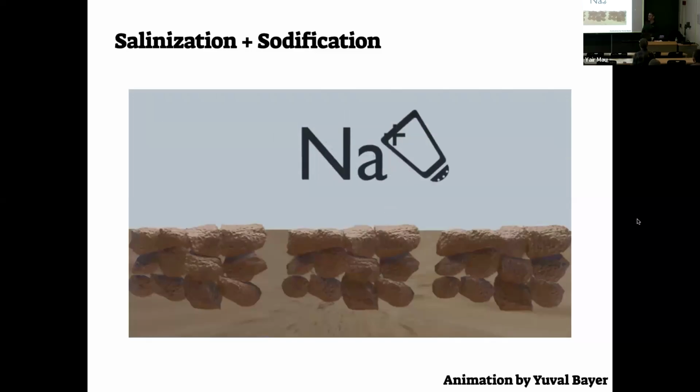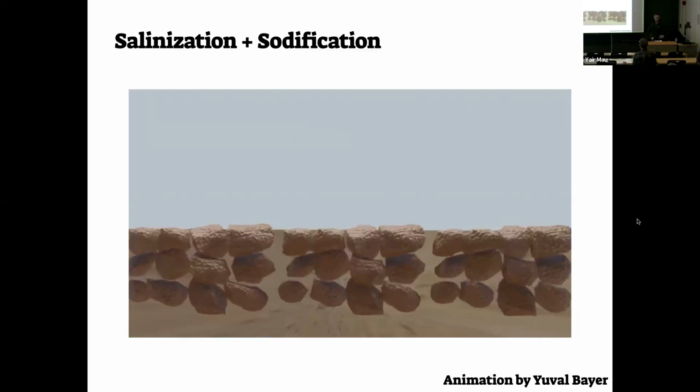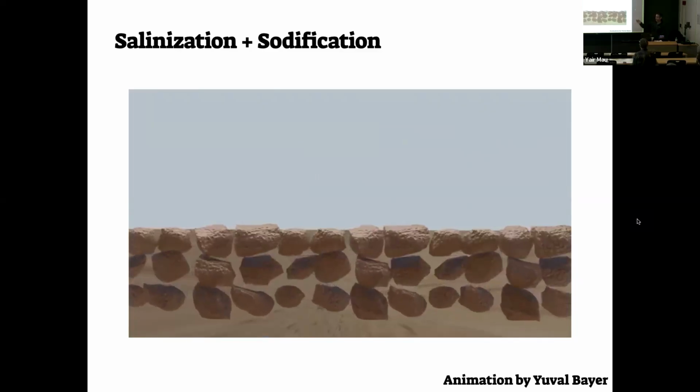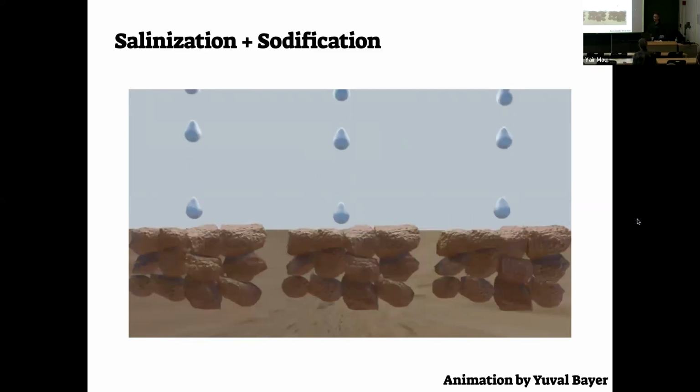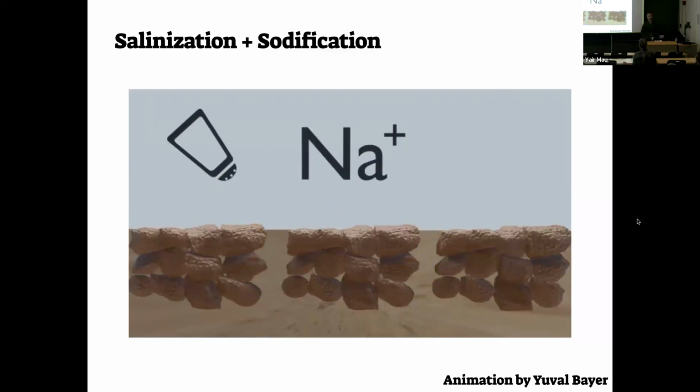Now, when you bring salt into the soil, in this case a specific salt, sodium, you see that the aggregates expand and the soil can become impermeable to the flow of water. So this is, in a cartoon way, an easy way to understand the danger of soil salinization.